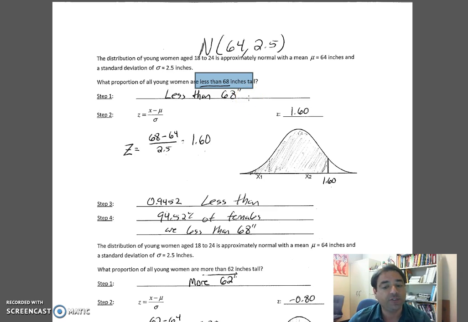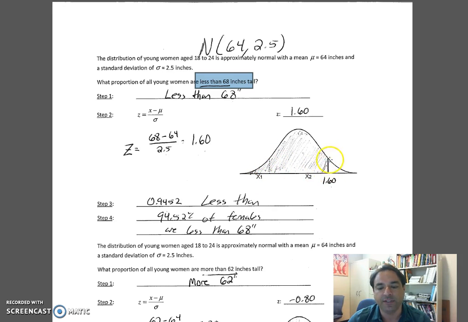Step two, let's draw a picture. We find the z-score: what we're looking for, minus the mean, divided by the standard deviation. Be careful typing that in correctly. You would get 1.6, and if we use the table, 1.60, two decimal places. I have these little lines here, but they're not really there; they're just to guide you.